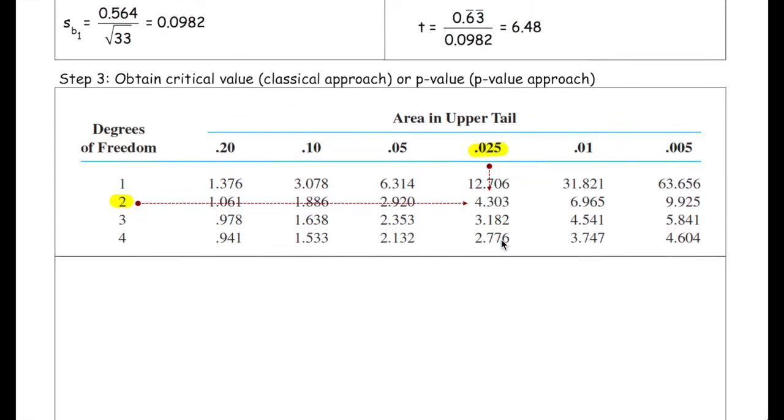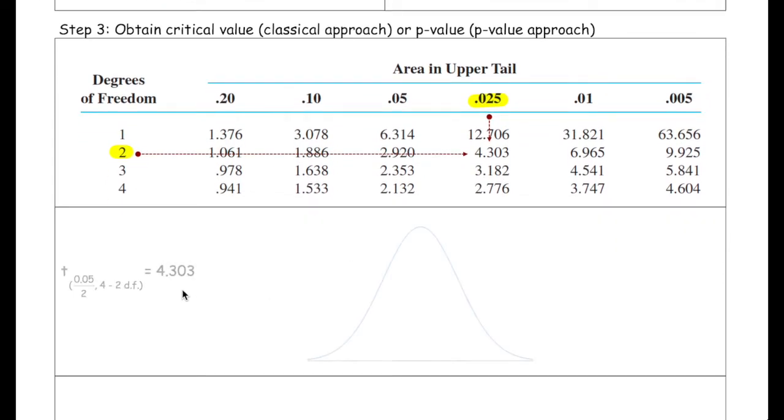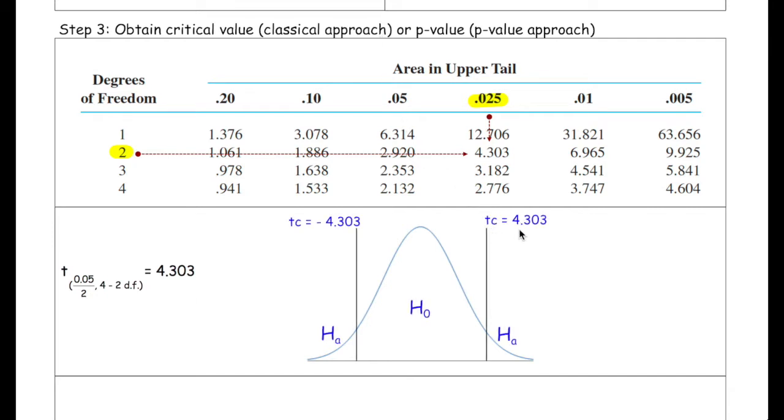And to help you visualize the classical approach, what is happening is we're coming up with the value for t critical, and t critical is essentially separating the rejection and acceptance regions for your test. So in our example, the critical value for t is 4.303 and negative 4.303 because it's a two-tailed test.